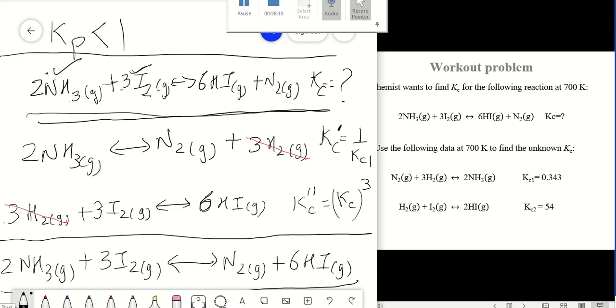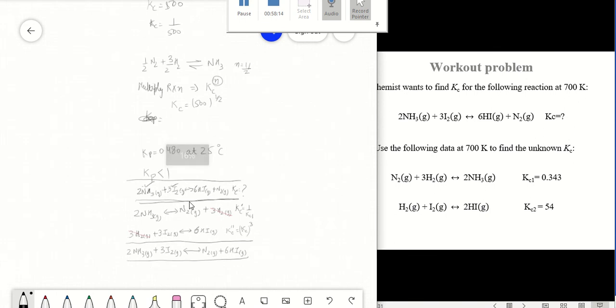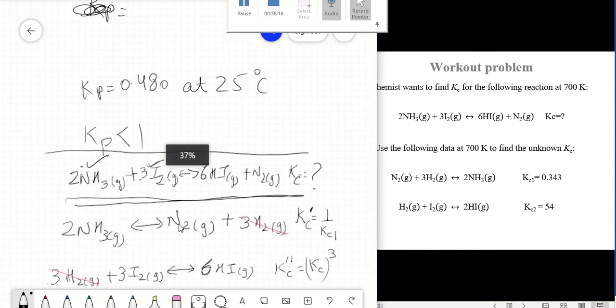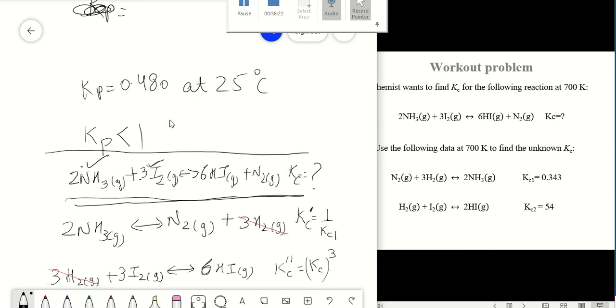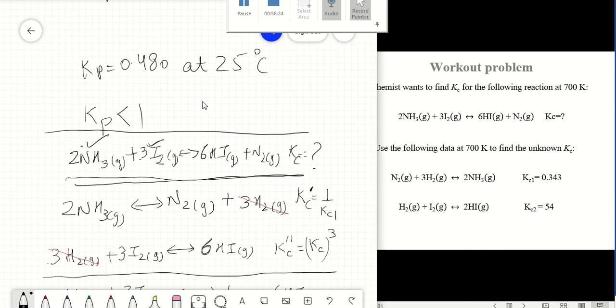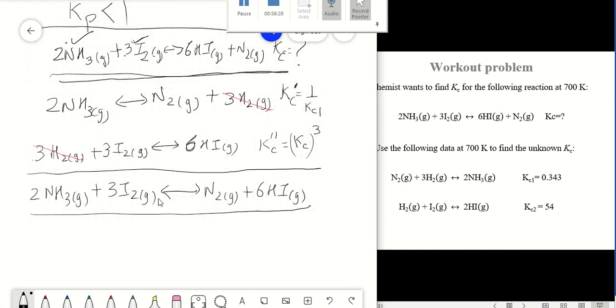So what did I do right here? In order to obtain this reaction, to get to this reaction, what I did is I added these two reactions.